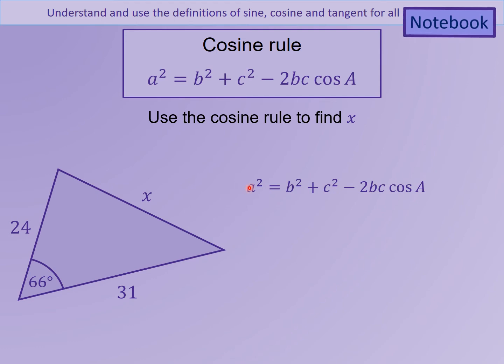So it does make a difference with the cosine rule where I put my values. I'll say that again: if 66 degrees is my angle A, then my opposite side, which is x, will be my small a inside the formula. So 24 and 31 are my values for b and c. They can be written either way round.